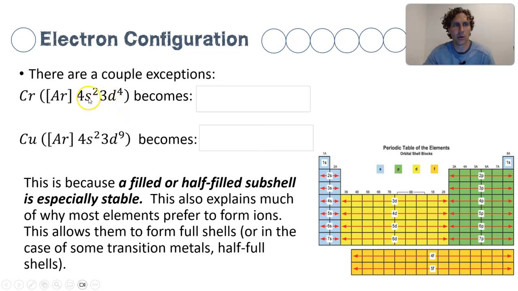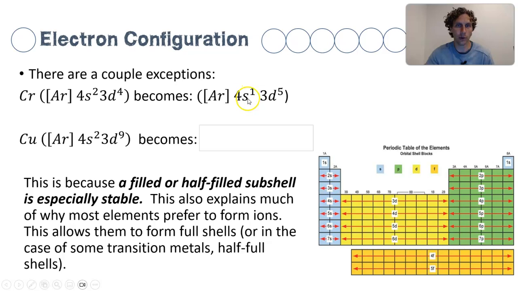So 4s2, 3d4. It is almost half full. Okay, we've got a full one and one that is almost half full. This can actually become more stable if we move one of these electrons into here.